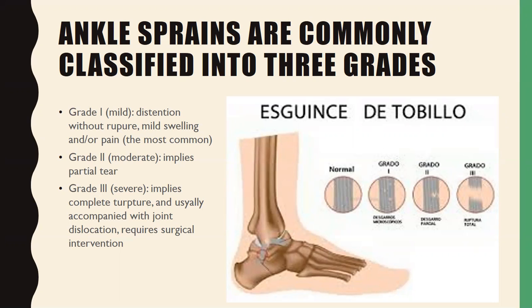Sprain of the internal lateral ligament, or deltoid ligament, is less frequent and depends on the degree of injury.